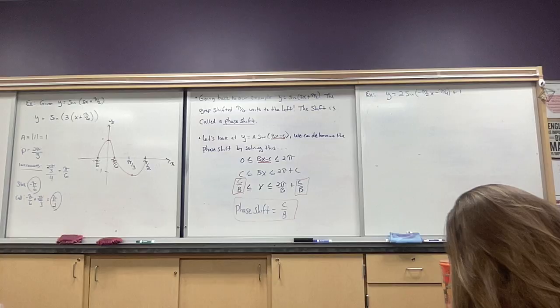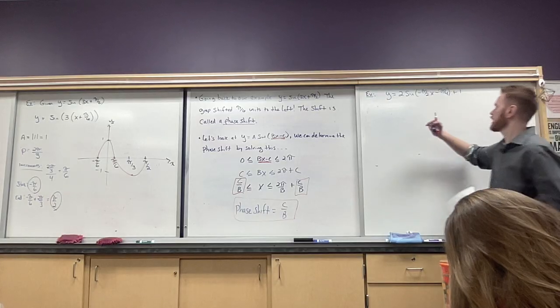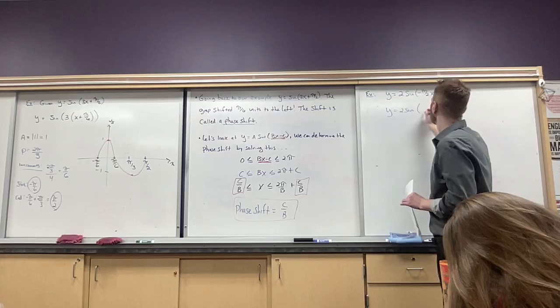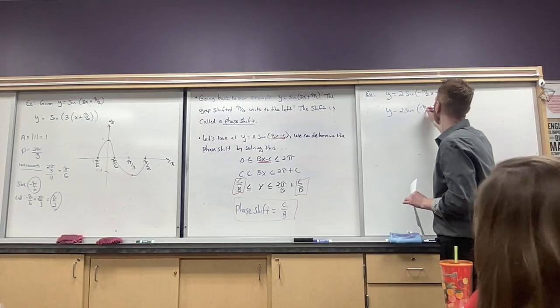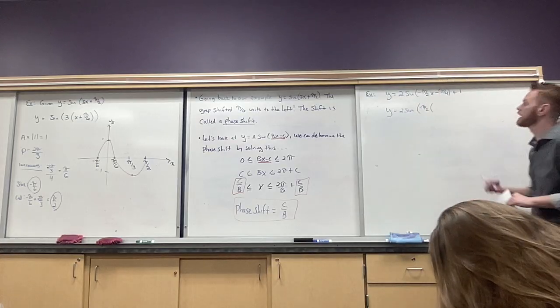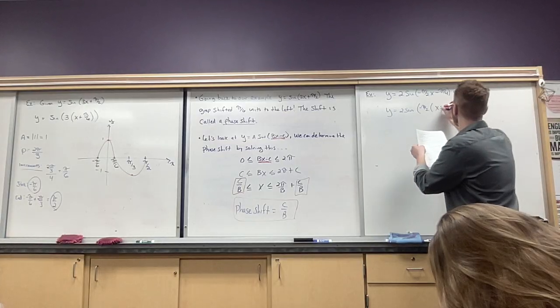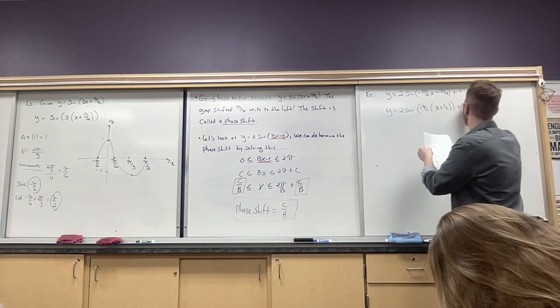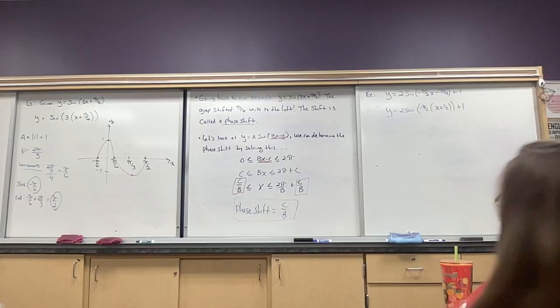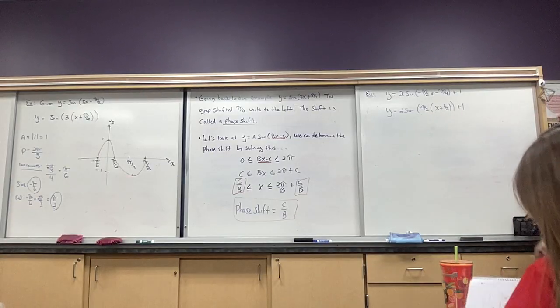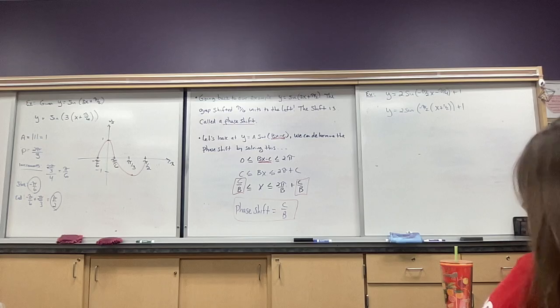Before I even start graphing it, let's deal with what's inside of here. So y equals 2 sine. I'm going to take a negative pi over 2 out of both of these guys. So I'm going to divide it out. I get x plus a half. And you can check. If you multiply this back through, you get the original. Okay, so that's the first thing I'm going to do.